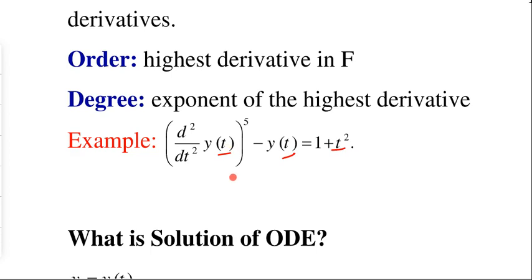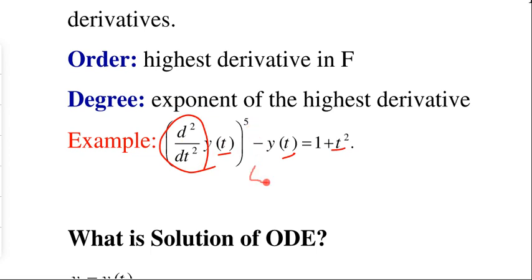We have some derivatives of our dependent unknown function y with respect to t. So our equation will be an ordinary differential equation, and here the highest derivative is 2. So our ordinary differential equation is second order, and this highest derivative will have exponent 5.